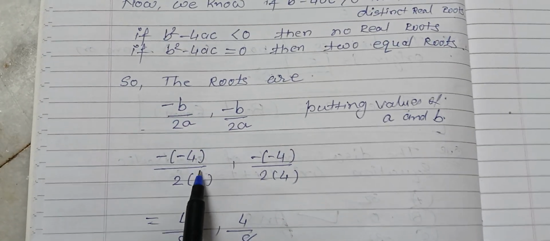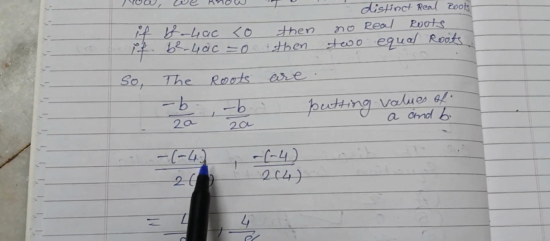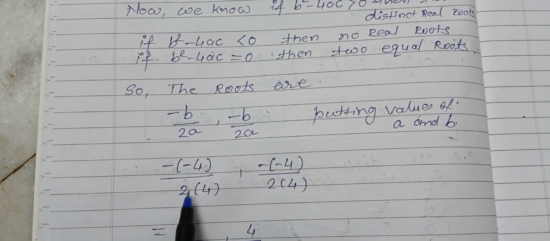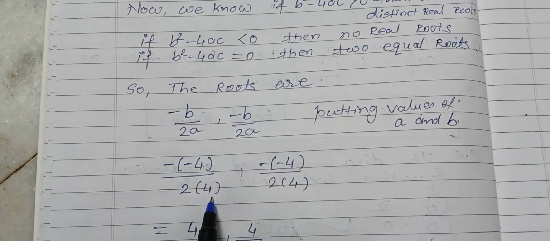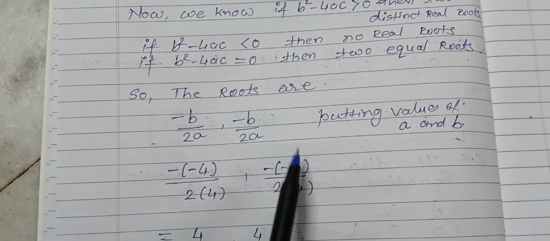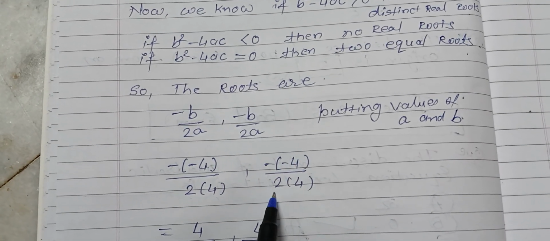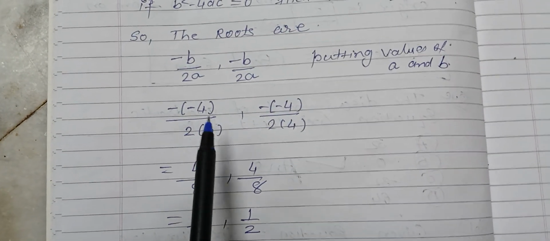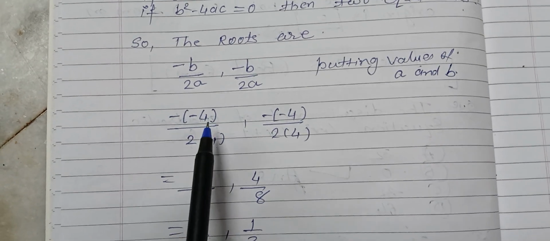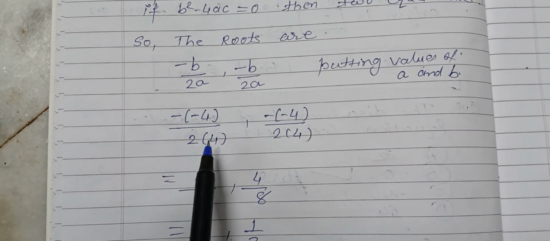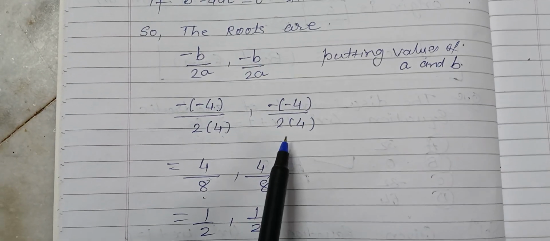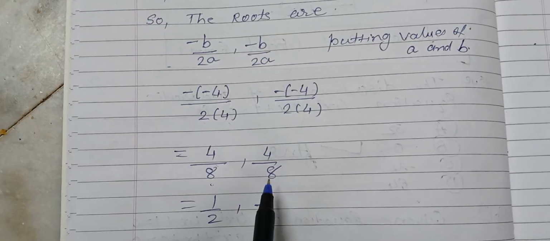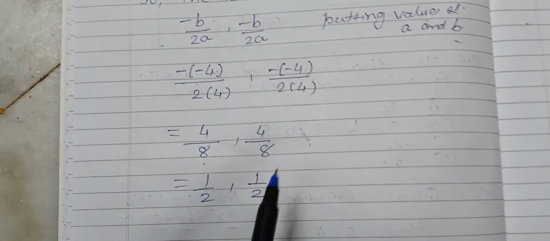So minus, putting the value of b minus 4, upon 2 into the value of a, 4. Same way, minus, putting the value of b minus 4 upon 2 into a, 4. Now we evaluate that. Minus minus plus 4 upon 2 into 4 is 8. 2 into 4 is 8, right?